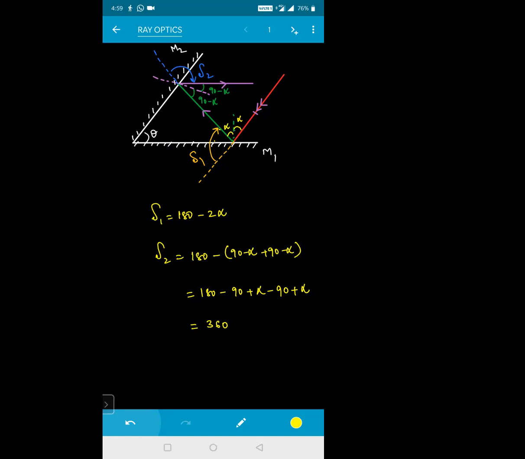See it once again: 180 minus 90 minus 90 is minus 180. Sorry, it's plus 180. The remaining two are plus alpha and plus alpha only, right? It's plus 2 alpha only, right? The remaining angle. So 360 plus 2 alpha.